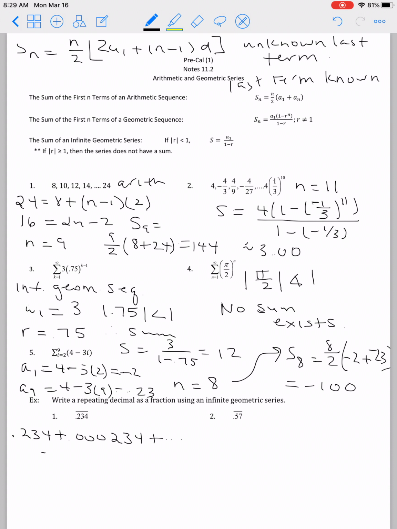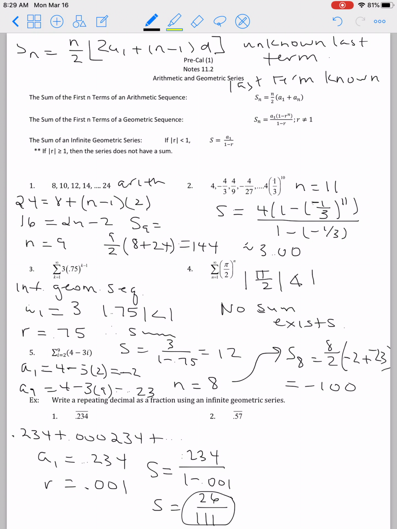So this makes our first term 0.234, and our r 0.001, and then we use the formula S equals 0.234 over 1 minus 0.001, and the sum is 26 over 111, and that is our fraction.